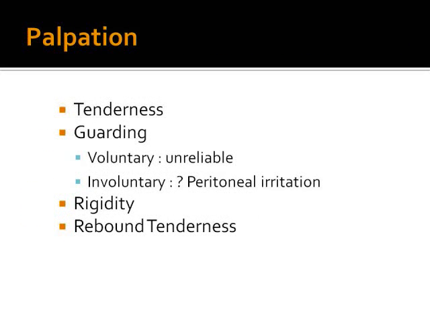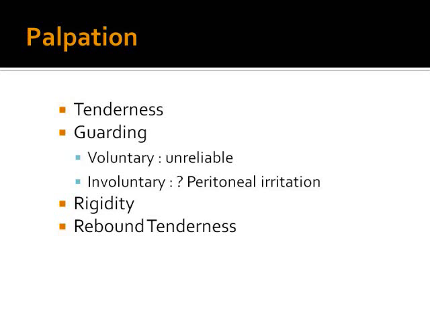We then palpate the abdomen, and in palpation we want to check for any areas of tenderness, whether the patient is guarding, that is, whether the abdominal muscles are rigid, and whether that guarding is voluntary. Voluntary guarding occurs when you palpate, and this is an unreliable sign.